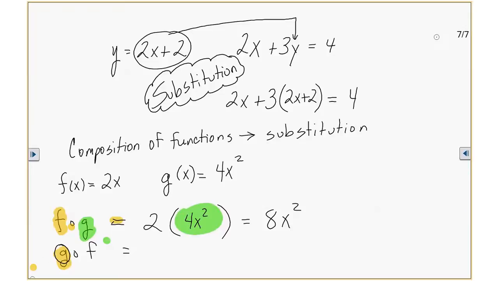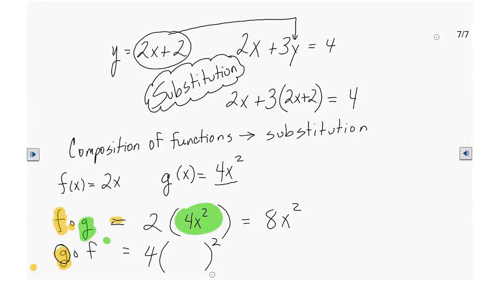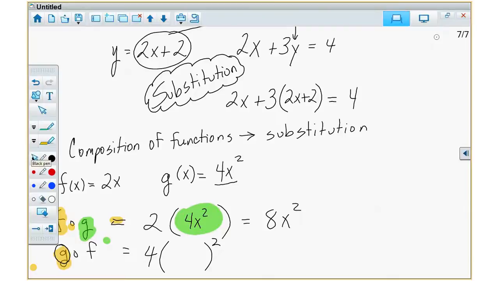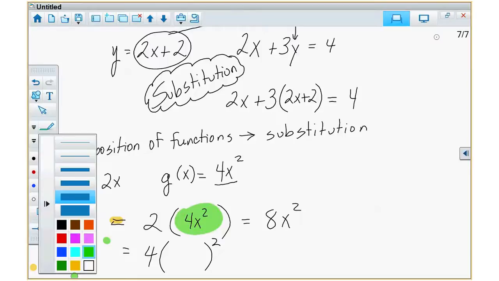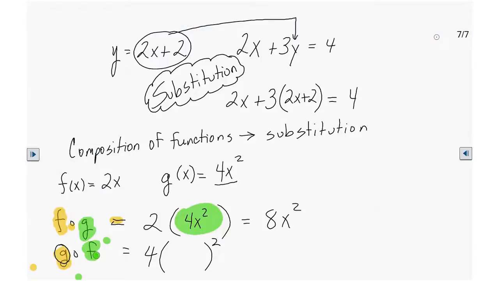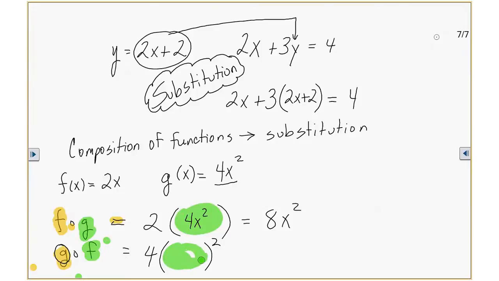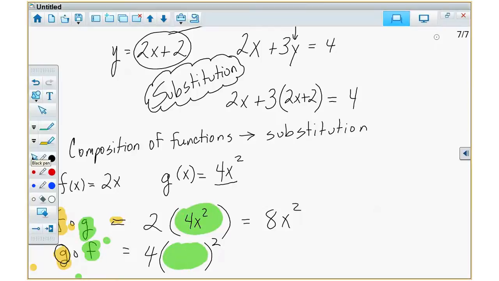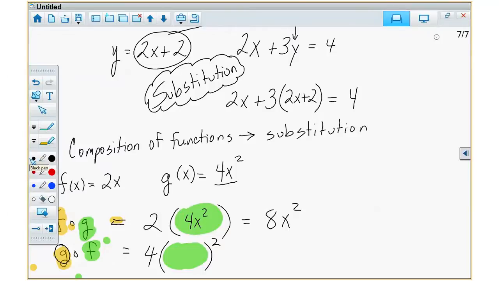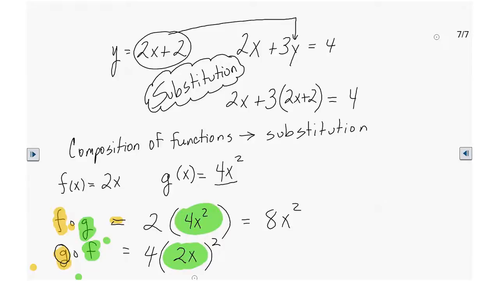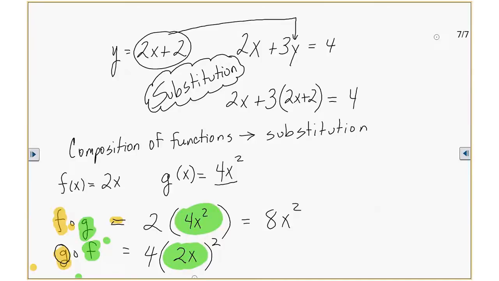So I'm going to rewrite this with a big set of parentheses, and then I'm going to take the f and plug it in right here. That is exactly how I learned how to do composition of functions. I sure didn't learn it the way I was being taught, because it confused me. So that's how you remember g composed of f and f composed of g.